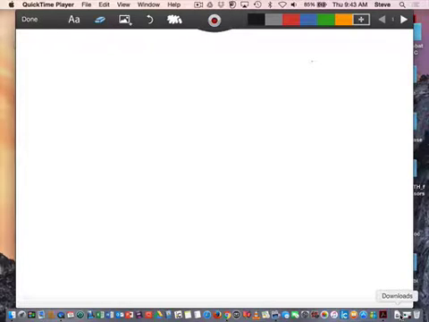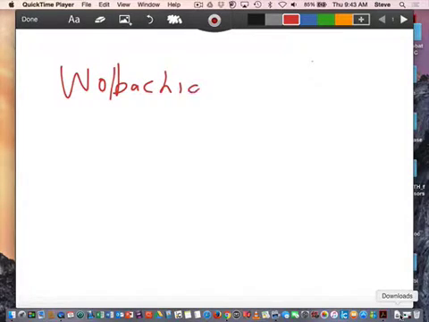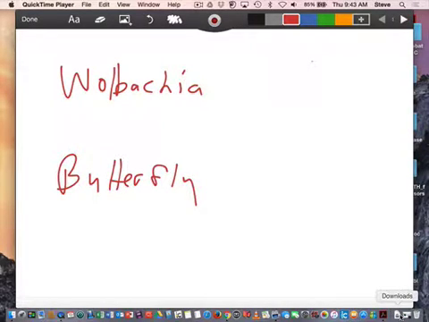Wolbachia is the parasite, and here's the host, the butterfly. So you saw males increasing. What do you think might happen from the time Wolbachia was introduced to 5 years later? What might happen to Wolbachia that would result in more males being produced? What would be a potential response?